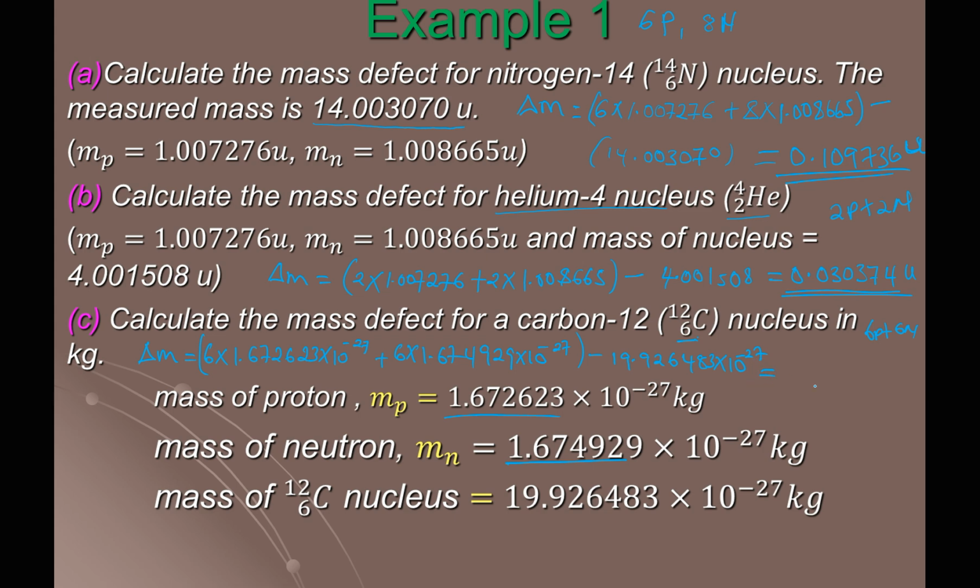So I'll just press my calculator. Okay, from my calculator, the total mass defect is 0.15889 times 10 to the power of minus 27 kilograms.